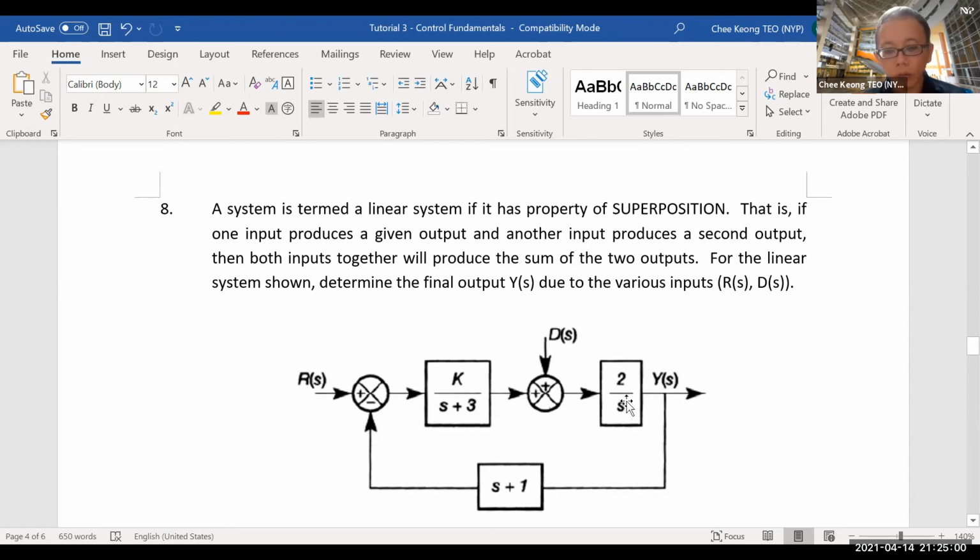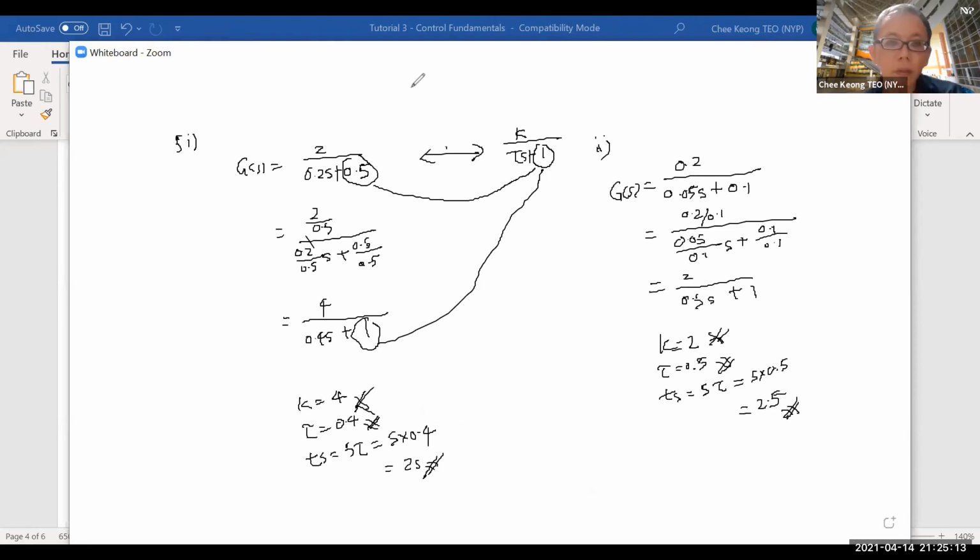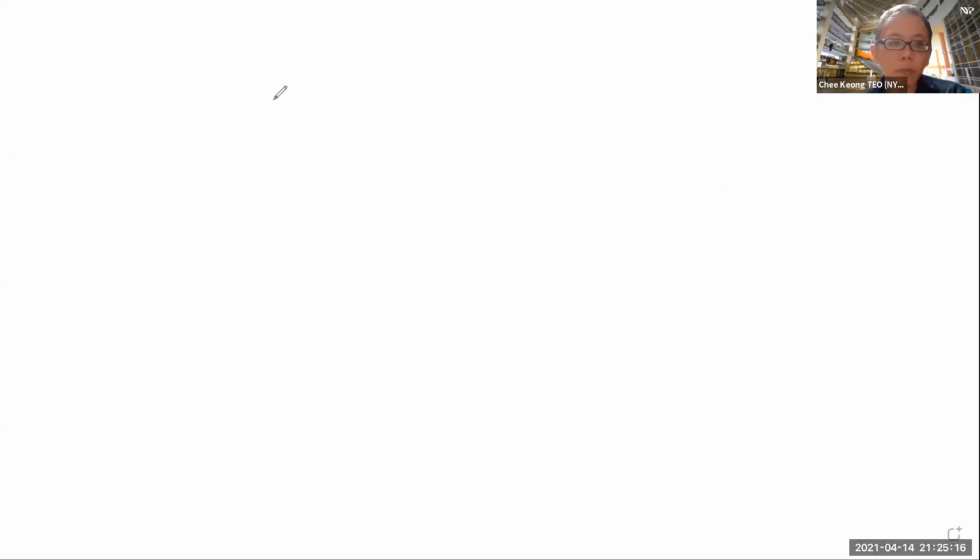We can try to solve this using a whiteboard. First of all, I will clear the drawing. Let's draw up the system first. One gain is k over s plus 3, the other is 2 over s, and the feedback is s plus 1.